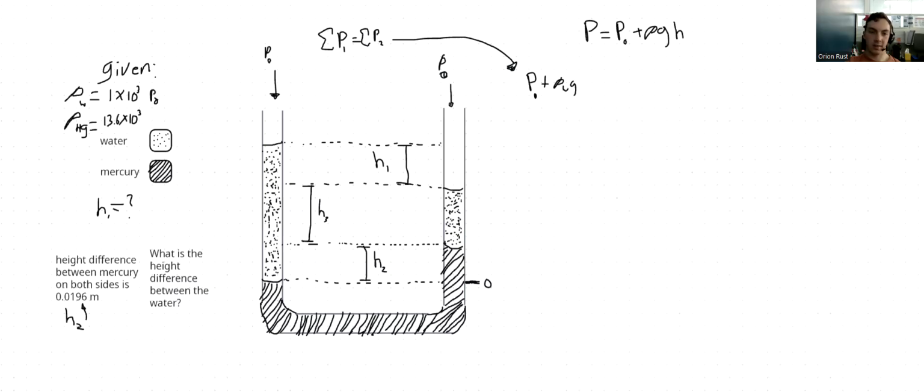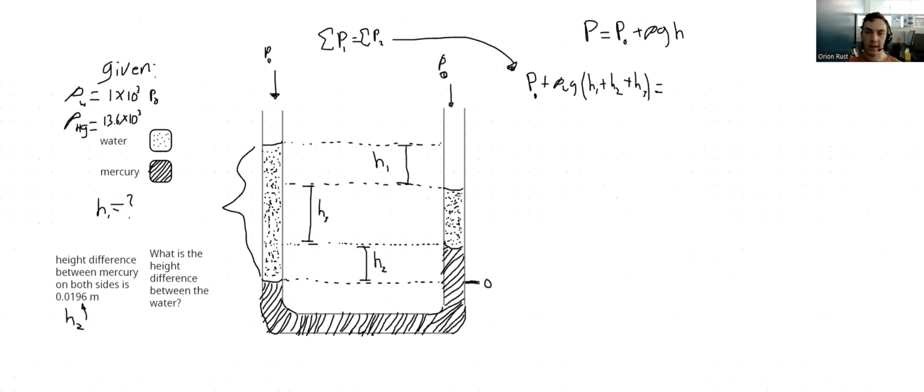Let's start with the left side. For this side, we have all this for water, and this goes all the way down to 0. So it's height 1 plus height 2 plus height 3. Then we set it equal to the pressure on the other side because the system is in balance. It's not accelerating.